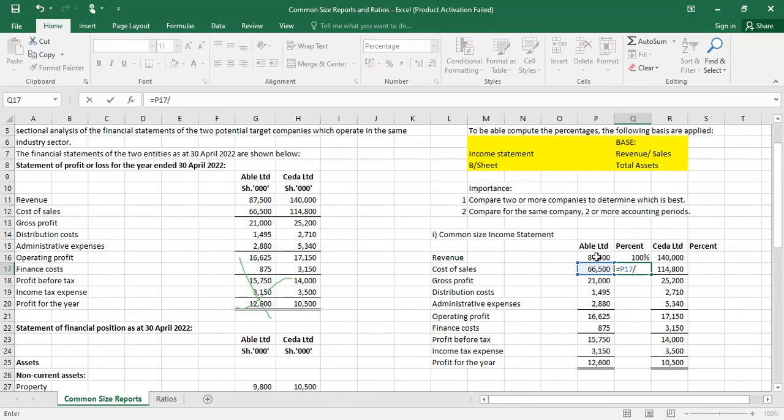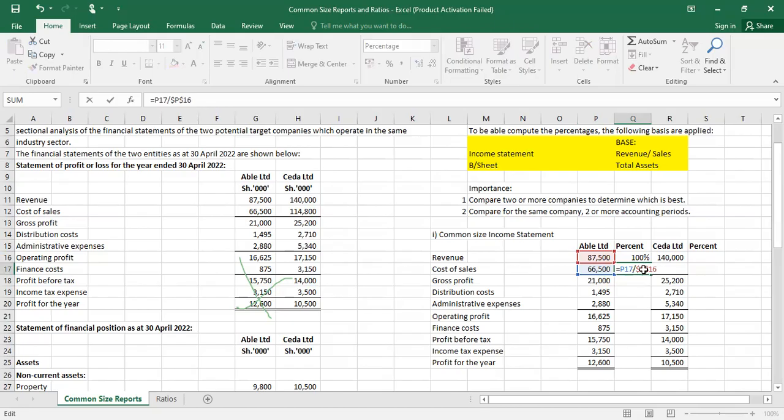I divide by this 87,500, the total revenue figure. And so on and so forth until the last figure, the profit for the year.